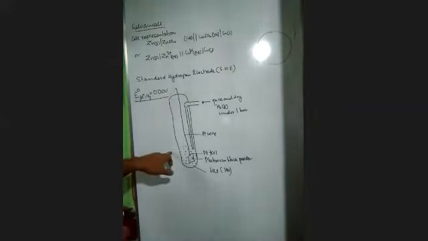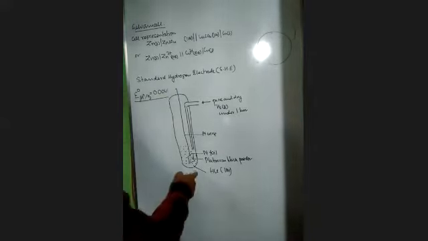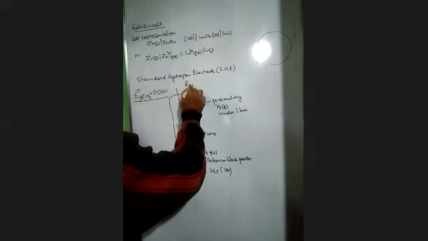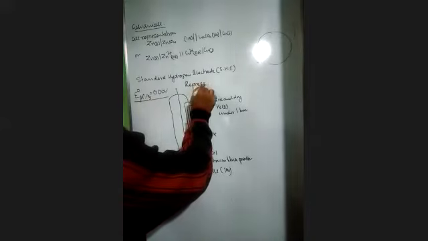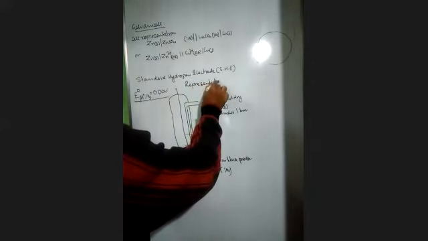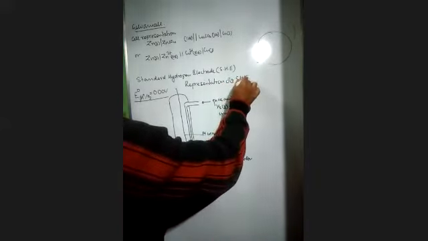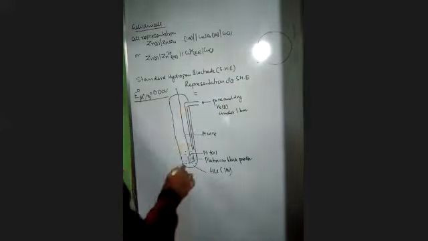Now, how do you represent the standard hydrogen electrode here? You have used platinum. So how will you write the representation of SHE, instead of drawing?